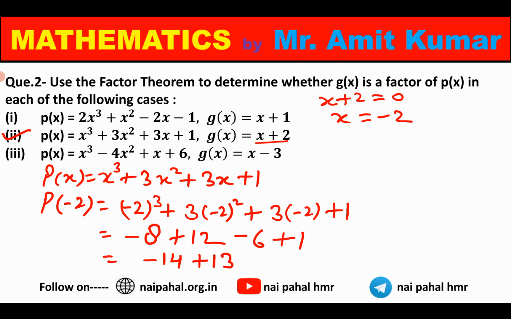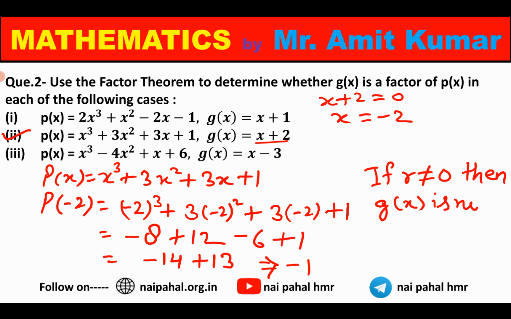If the remainder is 0, then x plus 1 is a factor of px, where x plus 1 is gx. So you can also write gx or x plus 1.